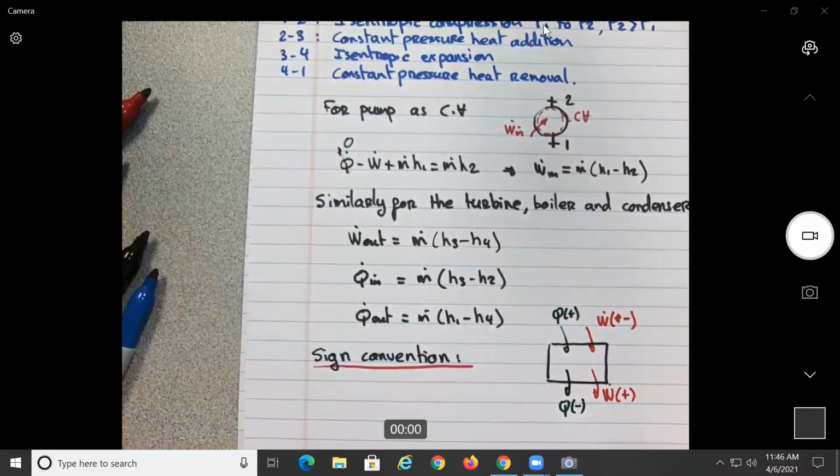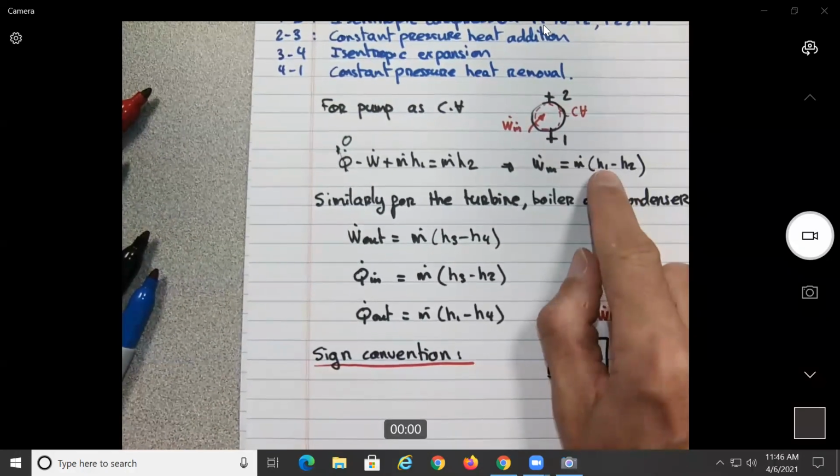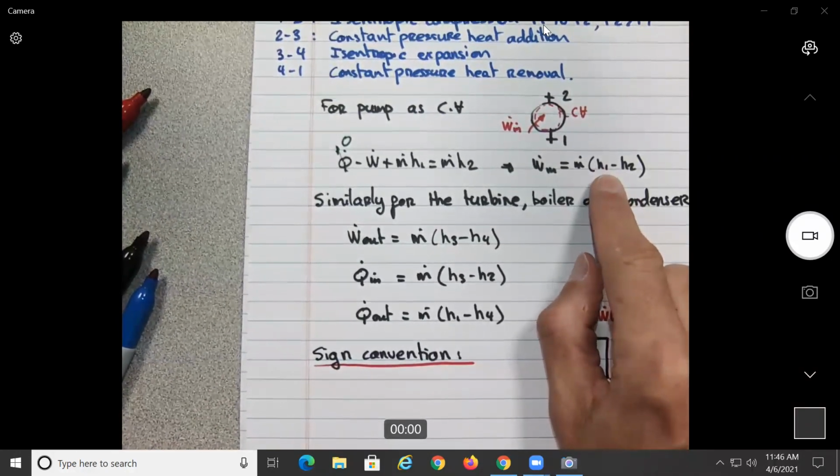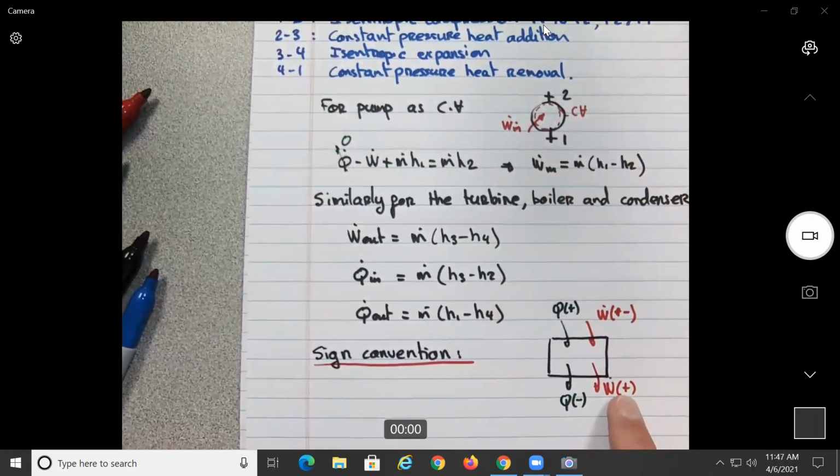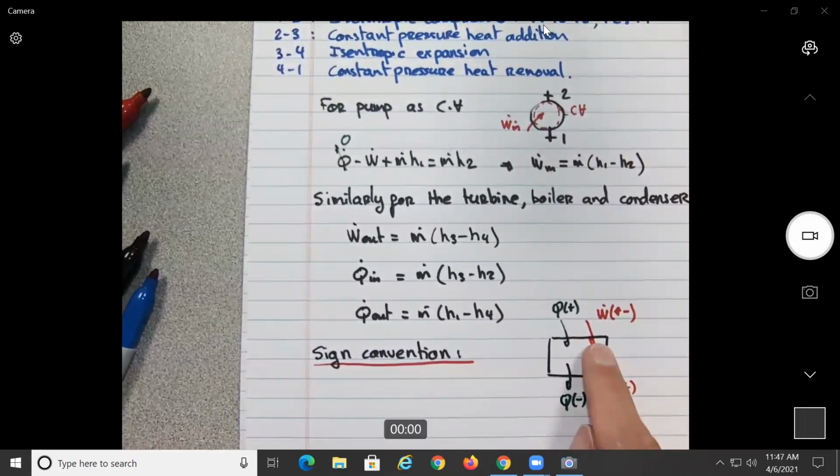So in this case, what is the turbine doing? What is the pump doing? The pump requires power, no? Yeah. So really, if you look here, if we do this calculation, H1 minus H2, this value should be what? Positive or negative? Should be negative, no?